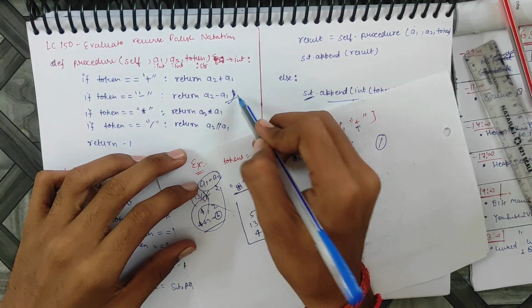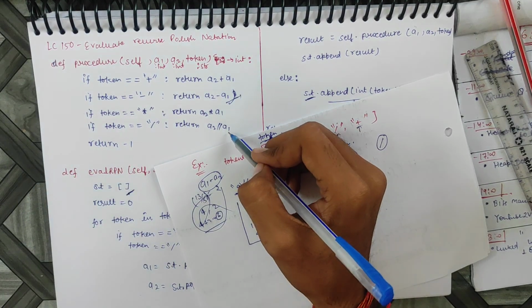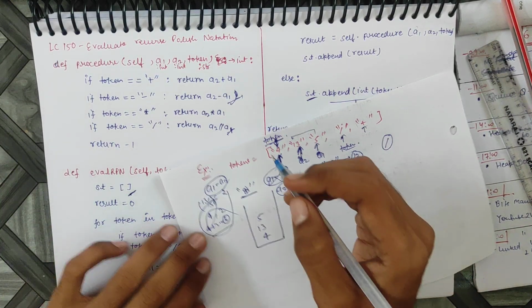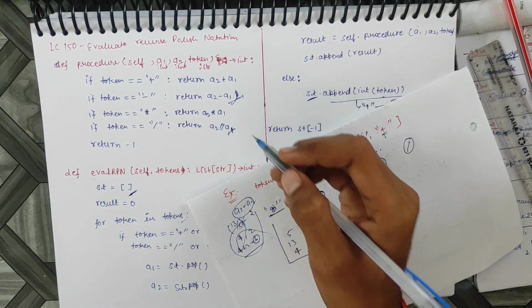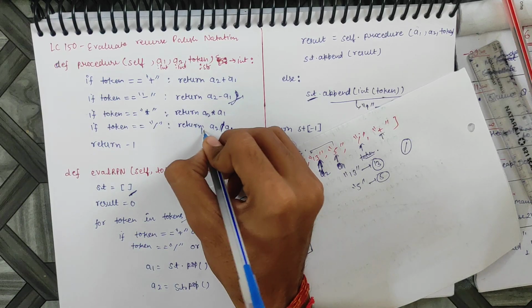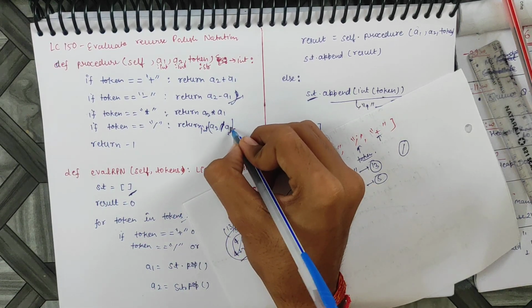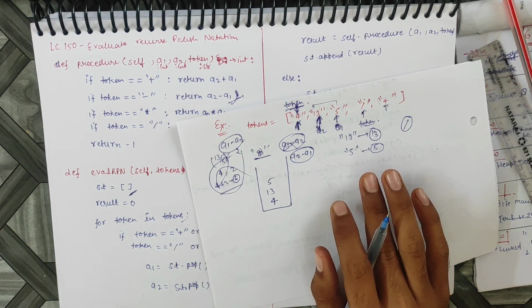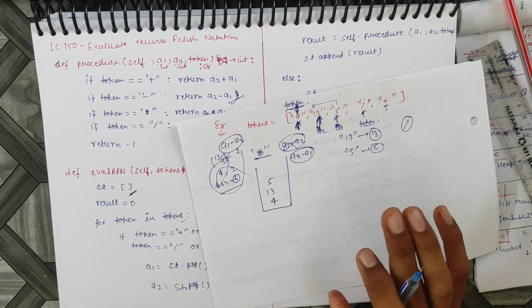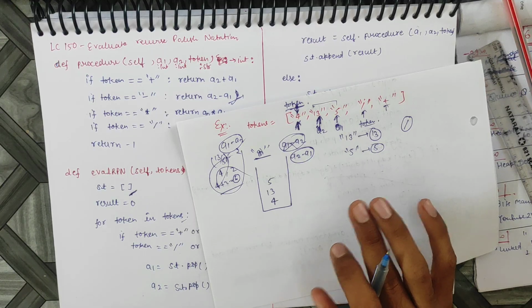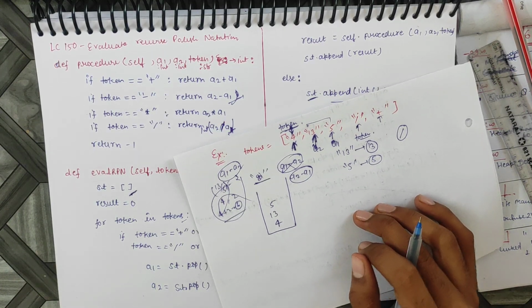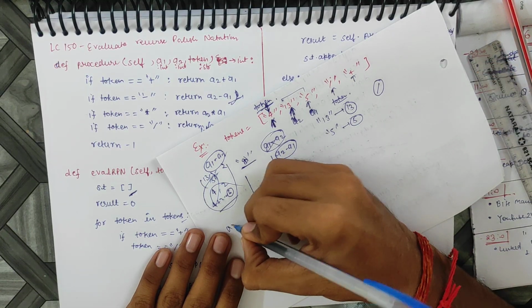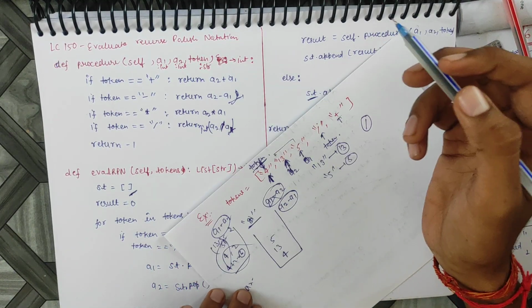With a2 minus a1, here we are getting the negative number, and with a2 divided by a1, you can understand that if we divide 4 by 2, it is 2, and if we divide 2 by 4, then it is a completely different value, it is 0.5. So it's the same thing. We have to use a2 first, then a1 in all cases.